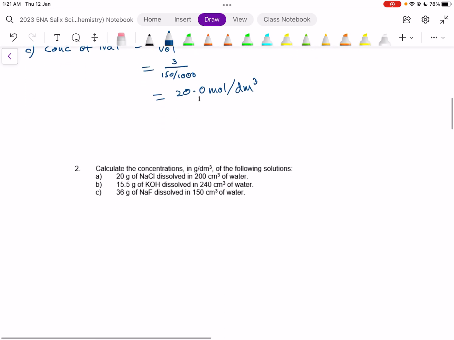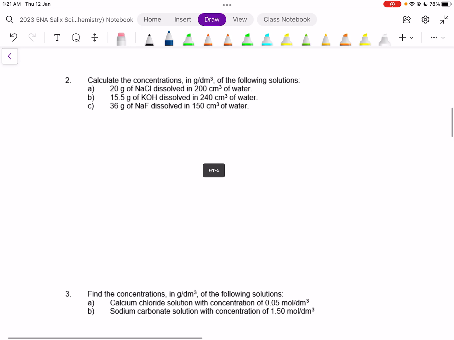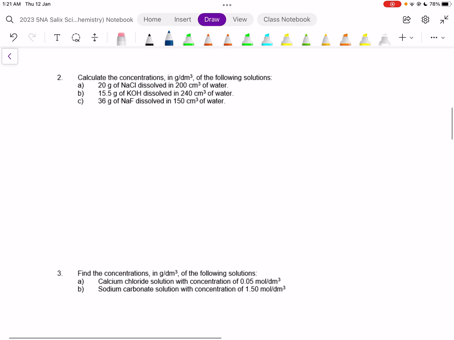Any next thing? Calculate the concentration in gram per dm cube of the following solutions. It's already given in gram, so it's quite straightforward. Let's look at the first one. If they give you in gram, you will be talking about mass concentration, volume in dm cube.